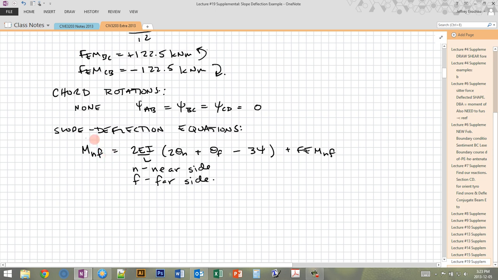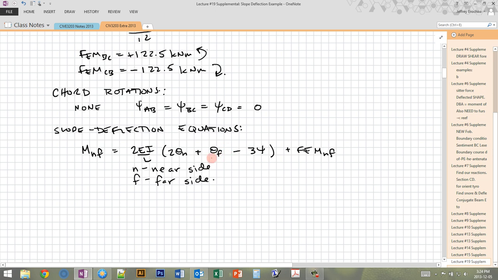So this gives us the moment at the near end, based on the rotation of the nodes at the near and far ends, and the chord rotation and the fixed end moment. So we know the fixed end moments, we typically know the chord rotations, and our joint rotations, theta n and theta f for the near and far side, are generally our unknowns. And we're going to solve for those using the equilibrium equations after we sub these slope deflection equations in.